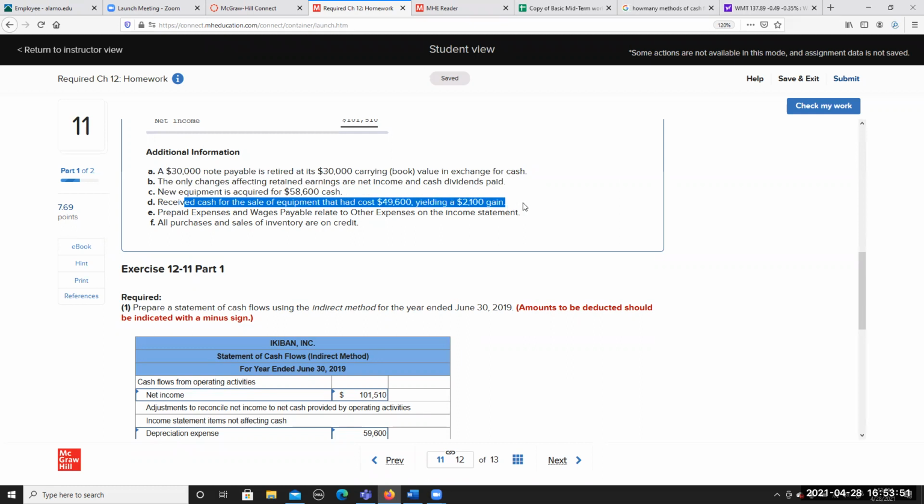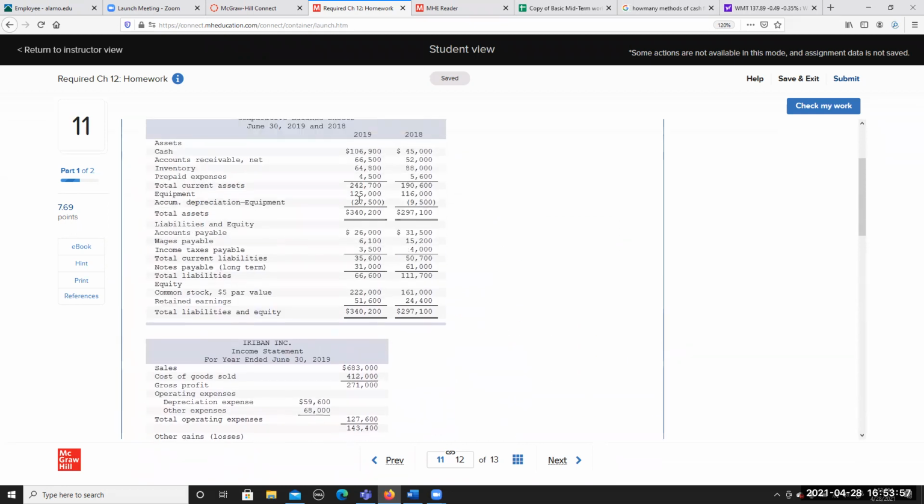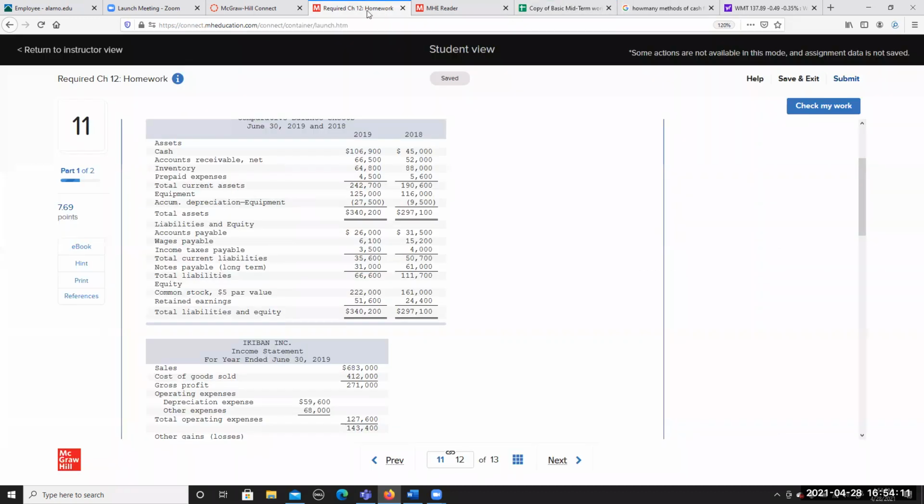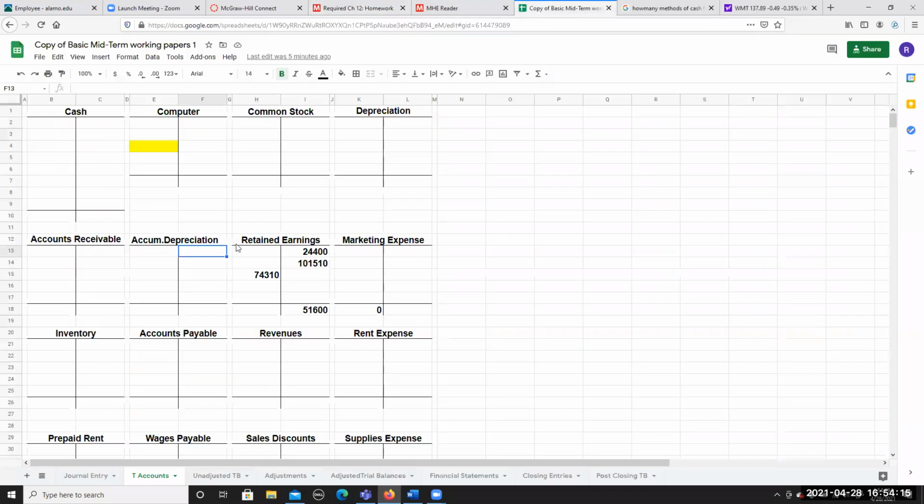Equipment for the sale of equipment costs $49,600. So we've got to analyze our accumulated depreciation of equipment. So let's go here. Accumulated depreciation started off at 9,500.